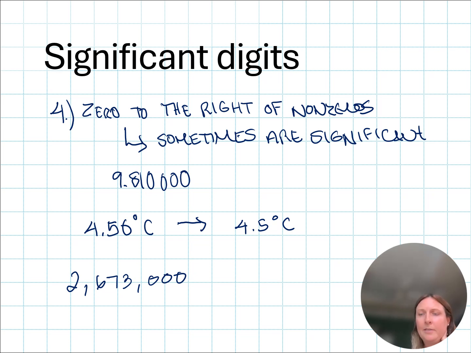So you automatically discount the significance of those 3 end zeros and assume that this measure has a precision of 4 significant digits, right? The 2, 6, 7, and 3.